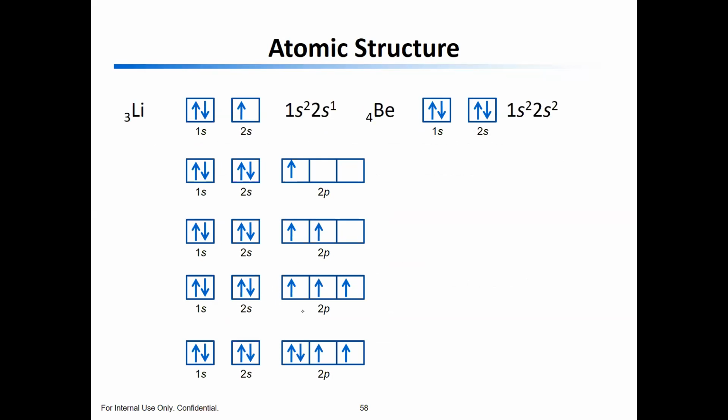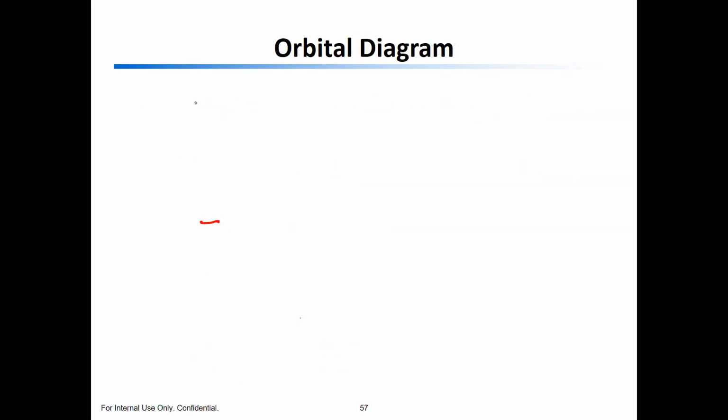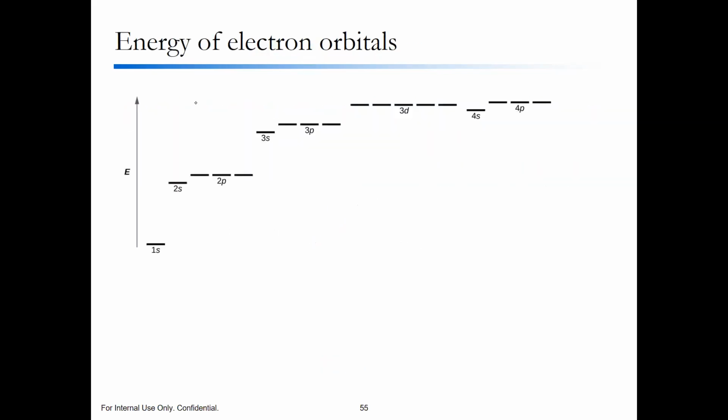So we do the same thing for lithium. Look at lithium on a periodic table, 3 electrons. This is helium. Now I have lithium. Lithium has 3 electrons. Where's the 3rd electron going to go? Right there. If I have beryllium, where's the next one going to go?